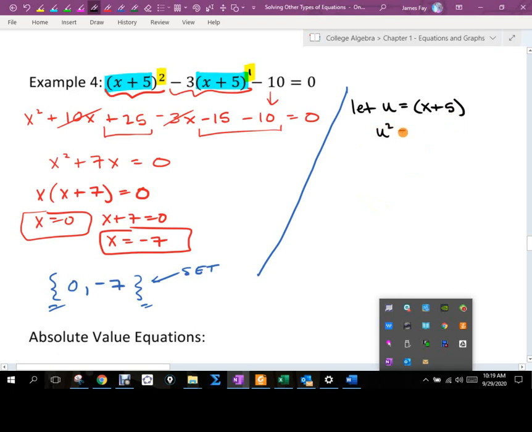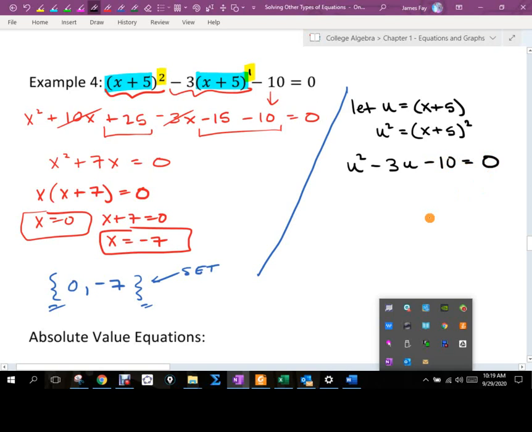That means then U squared would be x plus 5 squared. Does that make sense to everybody? Okay. So now that gives me U squared minus 3U minus 10 equals 0.